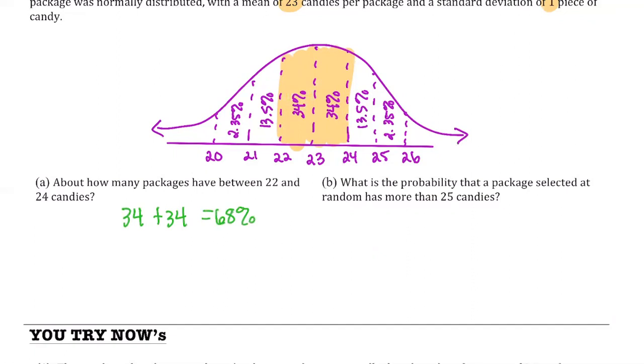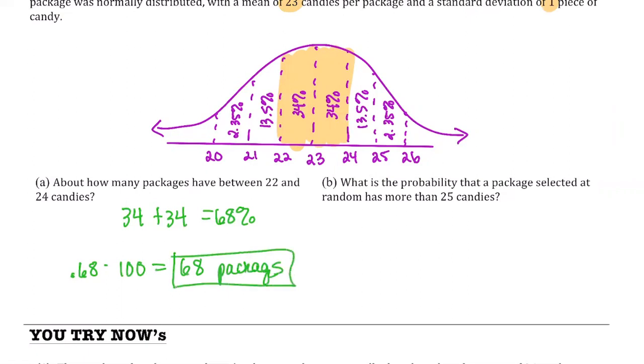So if I wanted to see exactly how many packages, we would take 0.68 times the number of packages, which is 24. Or I'm sorry, there were 100 packages. And that tells me that there's about 68 packages that have between 22 and 24 candies.